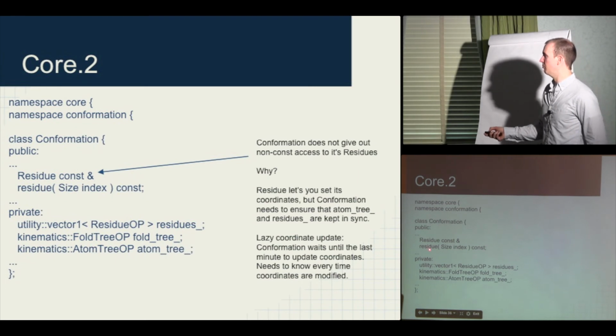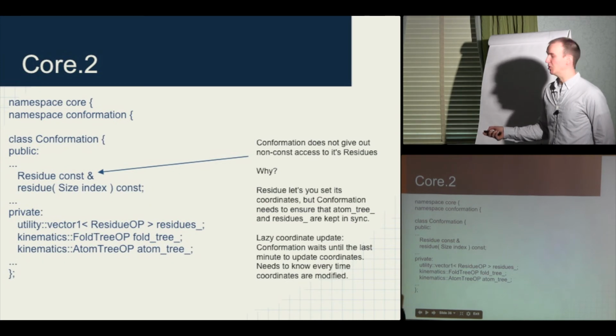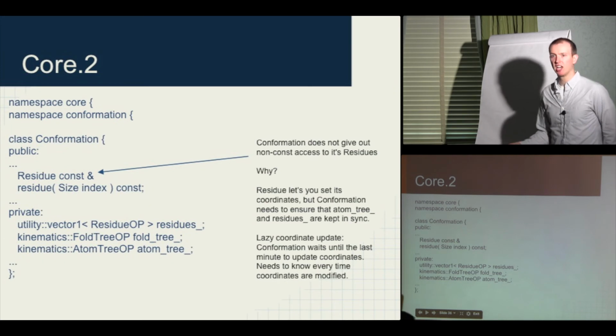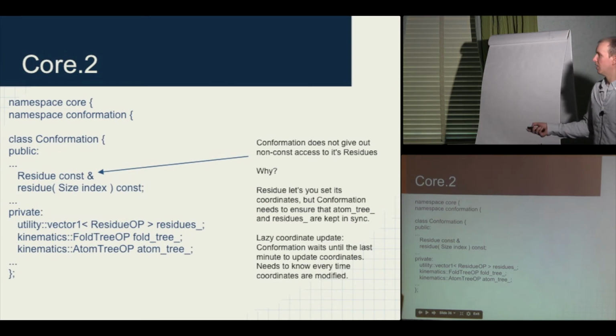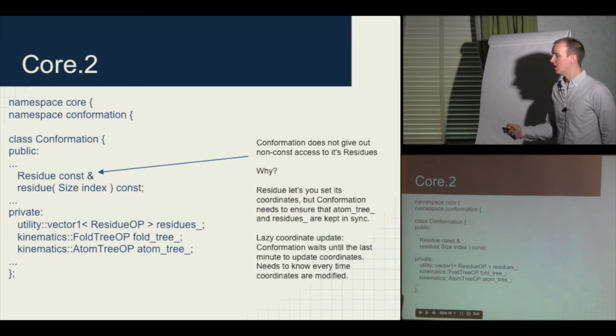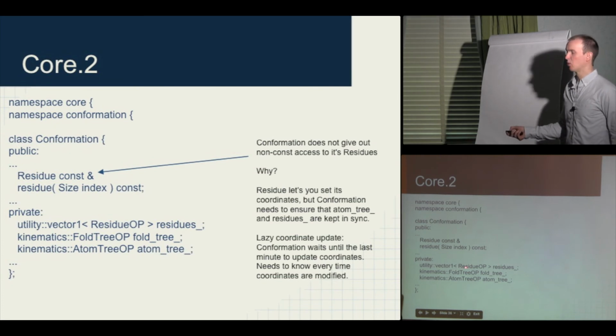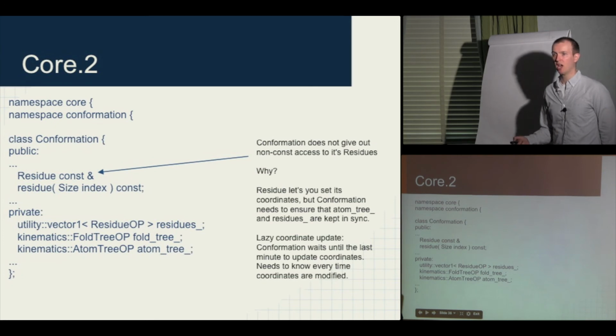Okay, so the reason that conformation does this is that it needs to maintain consistency between its residues and the information that's held in the atom tree. So Matt mentioned before that the conformation holds a fold tree and an atom tree for managing the kinematics of the system. The residues have an XYZ coordinate for each atom, and the atom tree has an XYZ coordinate for each atom.